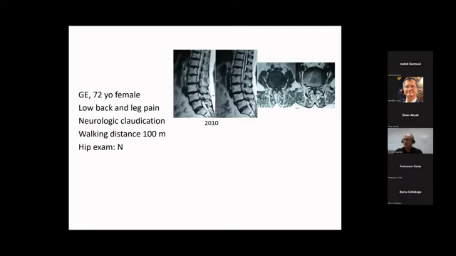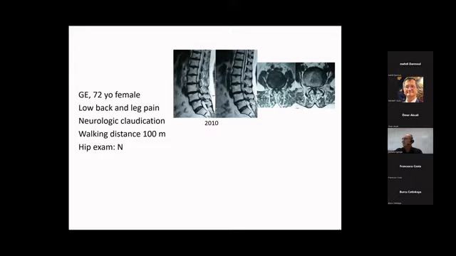Here is an example case. A 72-year-old female patient was admitted to the hospital with low back and leg pain. She had neurogenic claudication and could walk only around 100 meters. Physical exam showed no contracture or motion limitation in the hip joint.